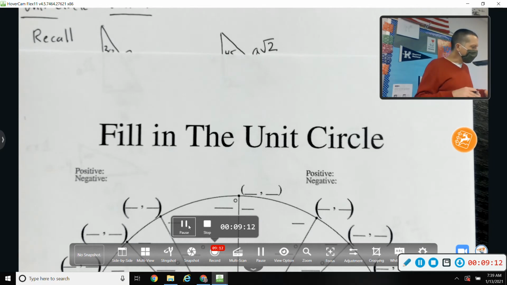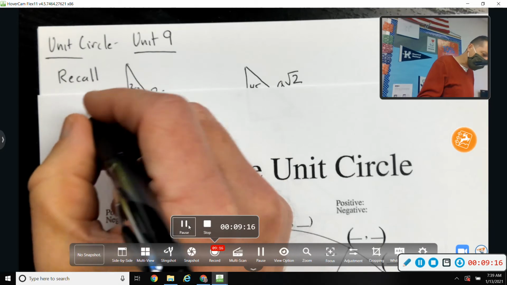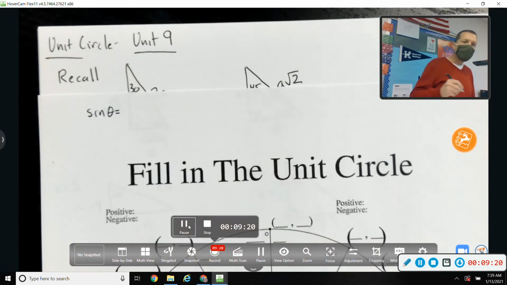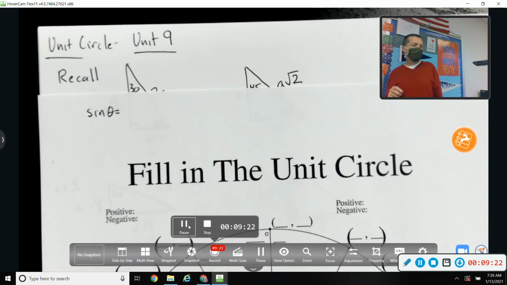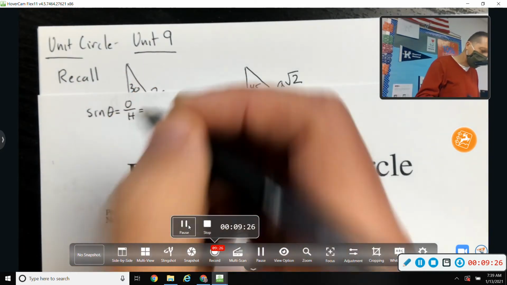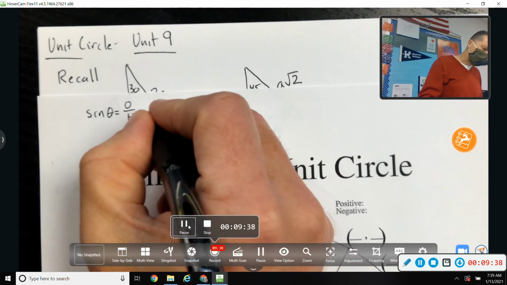But what we do know from the test we took yesterday is that sine of theta was, let's start with what we know for sure, that's SOHCAHTOA, O over H. But maybe more importantly, in terms of x's and y's and r's, do you remember what sine is in terms of x, y, and r?